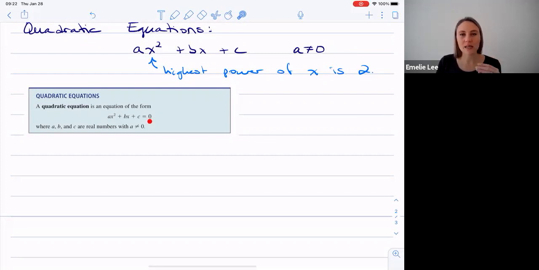But what that means is when we solve this quadratic equation, if we're forcing it to be equal to 0, what we're saying is we're solving where it crosses the x-axis, right, where y is 0.